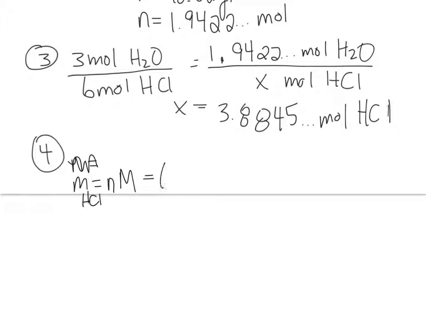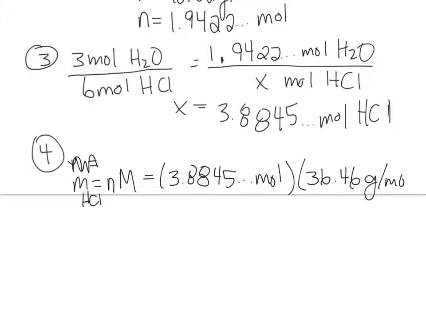So we're going to take our 3.8845 moles of HCl and multiply it by the molar mass of HCl, which is 36.46 grams per mole. And that gives us 141.63 and so on grams. Okay.